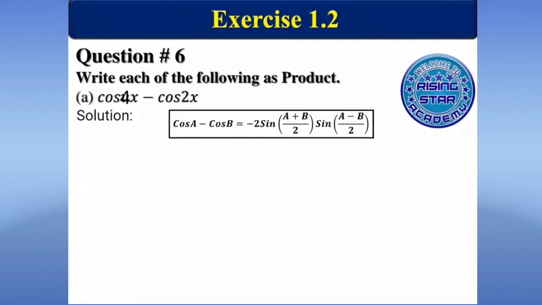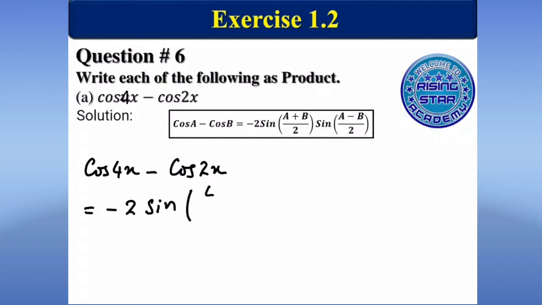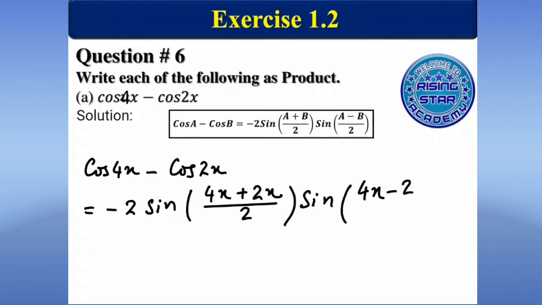So I will write the question value and apply the identity: cos 4x minus cos of 2x. So minus 2 sine, my A value is 4x and my B value is 2x, over 2 into sine of 4x minus 2x over 2.